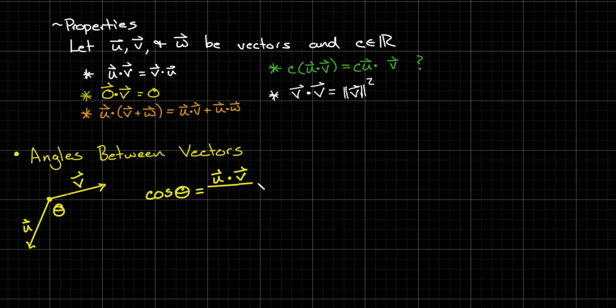And we are going to divide this by the product of the magnitudes: the magnitude of u times the magnitude of v. Where theta is in radians. That's it. U dot v over mag u mag v is how I say that.